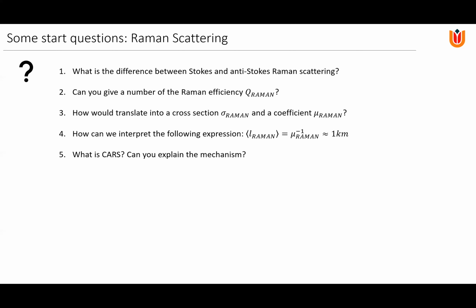So you already had the correct answer to what the Raman efficiency was about. What did you say? 1 in a million. I think that's a generous estimation. It's perhaps even a little bit lower, so 10 to the minus 8. So again, exactly what was an efficiency?